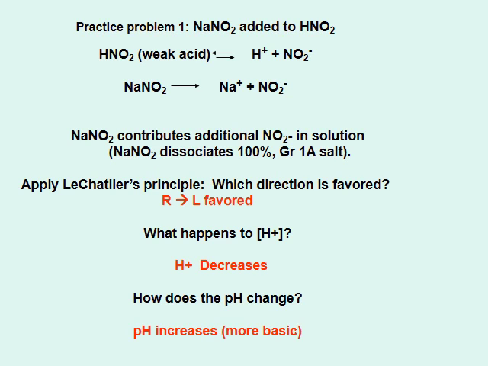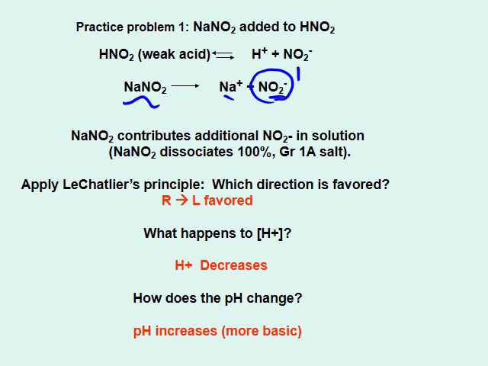In this slide, we have HNO2 that breaks down into H plus and NO2 minus. Again, if I'm adding sodium nitrite, NaNO2, all sodium salts would break down 100% into sodium plus and the other ion. As soon as I add sodium nitrite, NO2 minus or nitrite concentration is going to increase because that's the common ion.